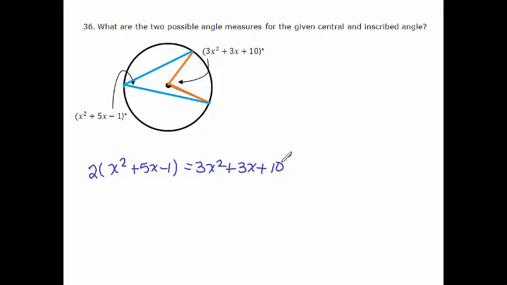And now I have an equation that I can solve for x and substitute back into those expressions to find the angle measures. So remember, when we're multiplying a number to several terms in parentheses, we have to distribute that multiplication. So we end up with 2x squared plus 10x minus 2.